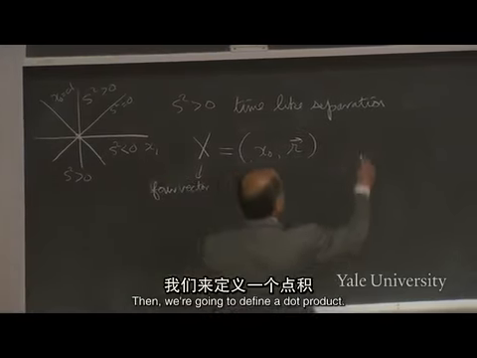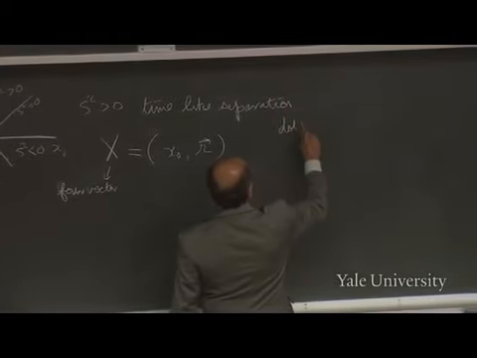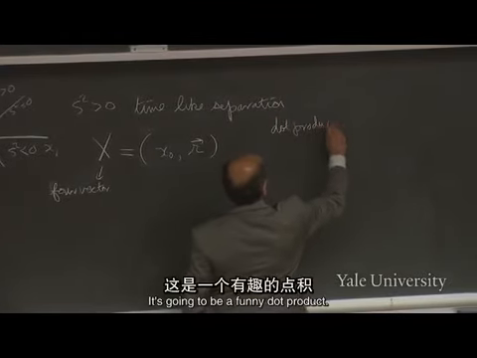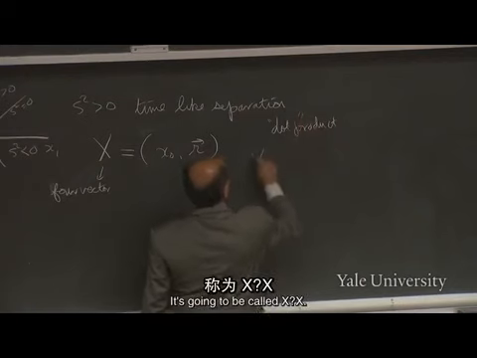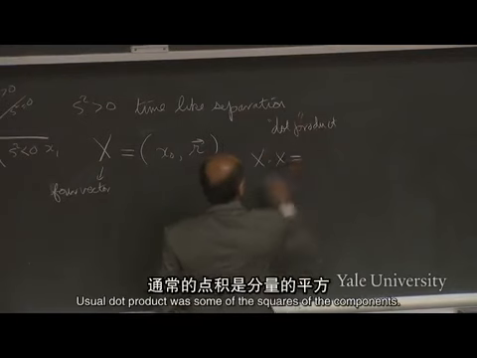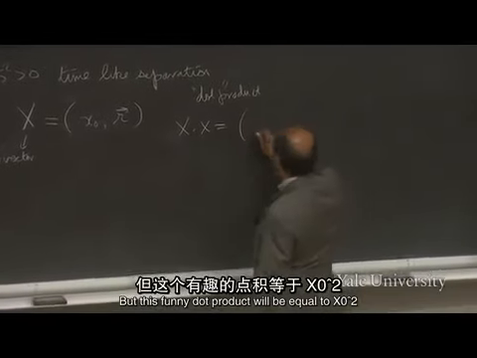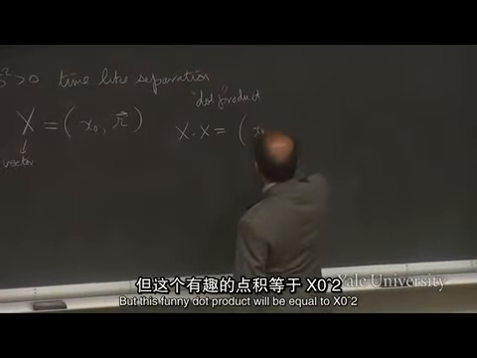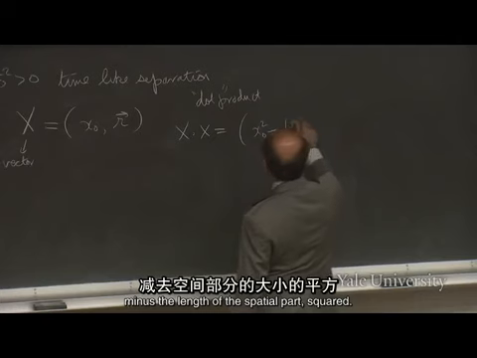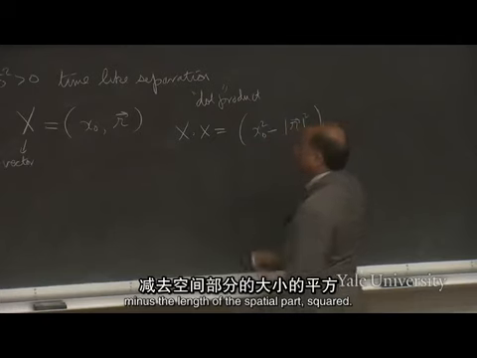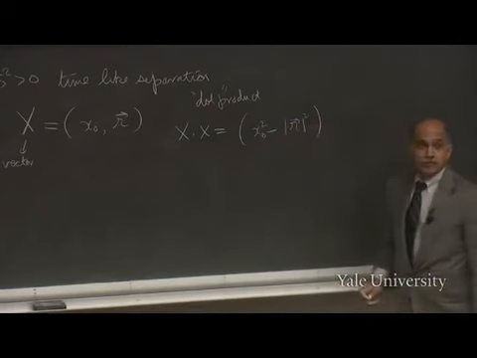Then we are going to define a dot product. It's going to be a funny dot product. It's going to be called X dot X. The usual dot product was the sum of the squares of the components. But this funny dot product will be equal to x0 squared minus the length of the spatial part squared. Which are those all small x's?